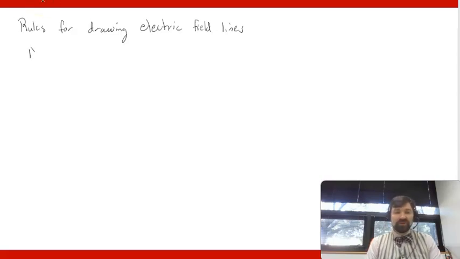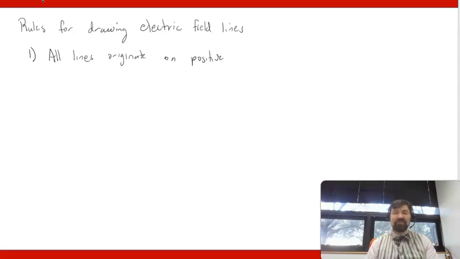Rule number one is that all lines will originate on a positive charge. So that means if you do have a positive charge, then a line or set of lines can originate on it.